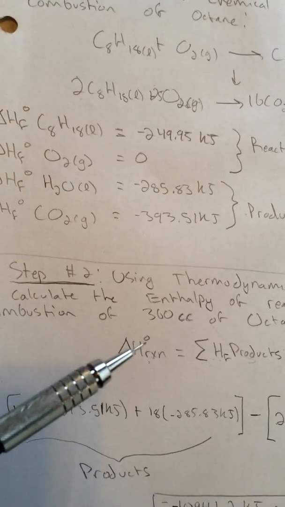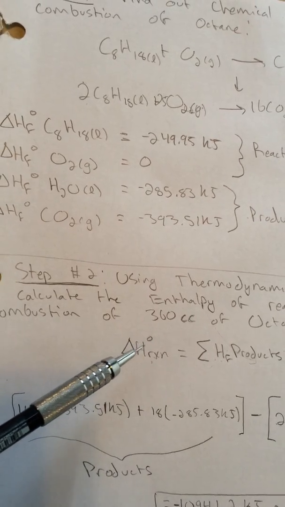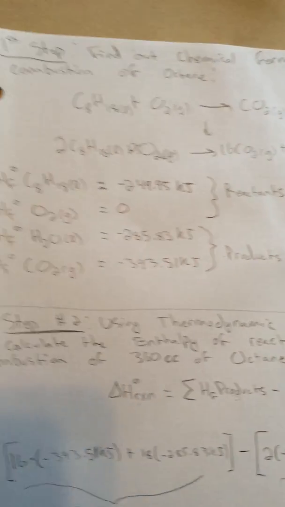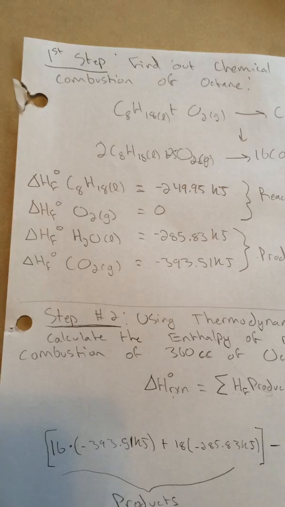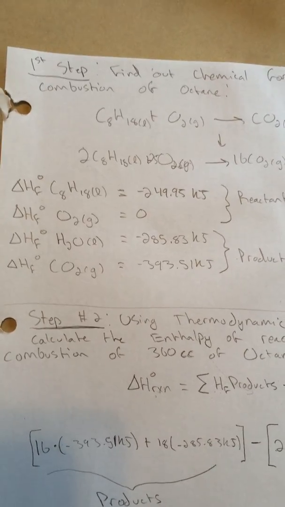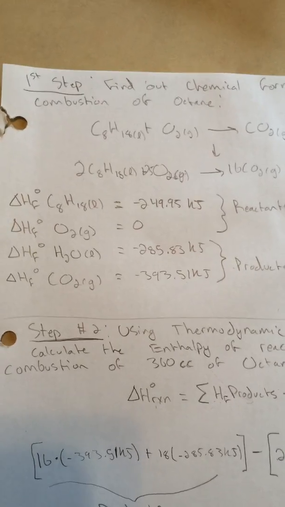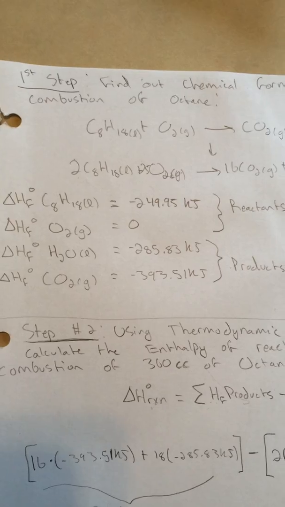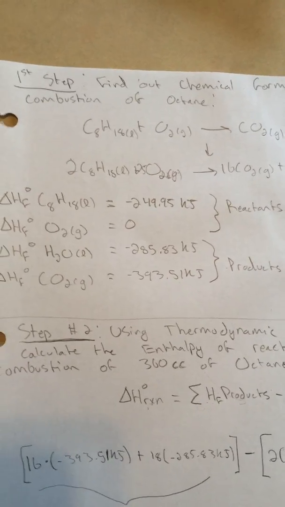Also, note the little degree symbols on the enthalpies of formation and on the reaction. That means all of this is under STP, or standard temperature and pressure, which is 298 Kelvin and 1 atm of pressure.